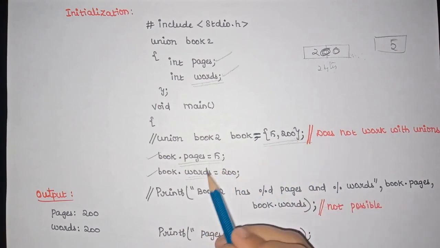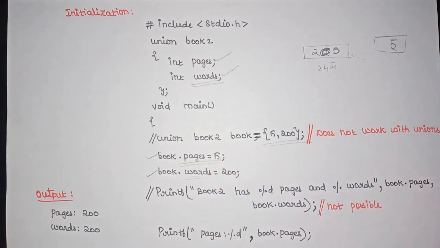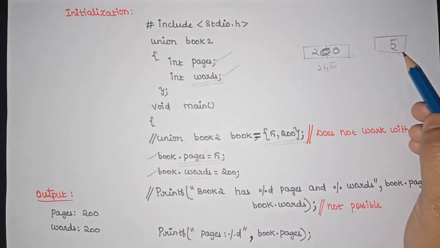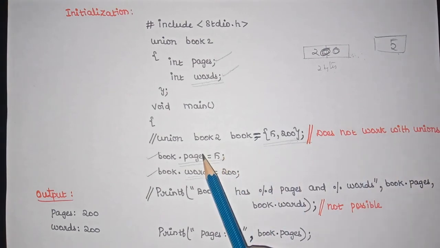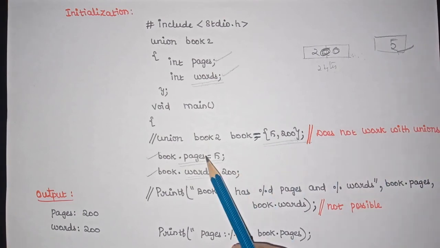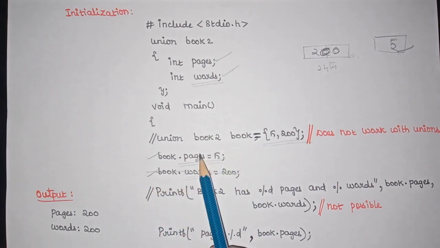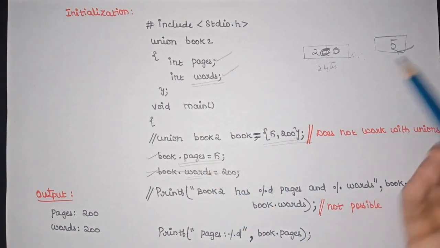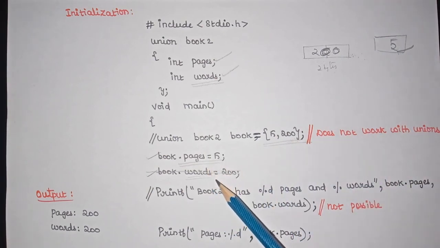Since these two are sharing the same location, they point to the same value 5. So when you print the value of pages and words, it will print 5 for both. Even if you didn't initialize words, it will still print 5 for pages as well as words, since it is sharing the same memory space.